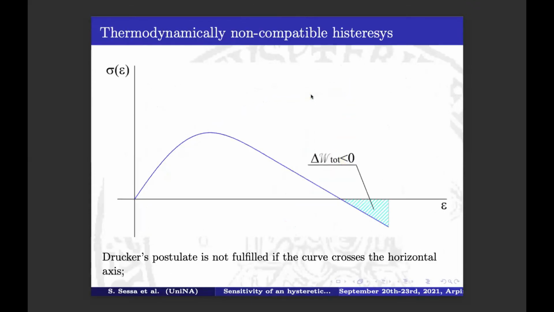One reason for a non-consistent material may be that the curve goes below the horizontal axis, so that positive increments provide a negative total work.